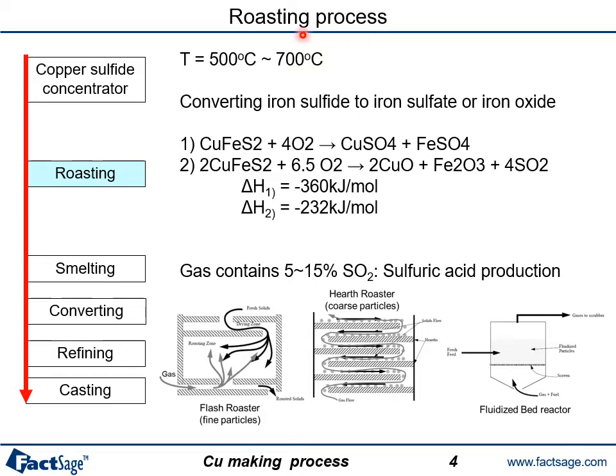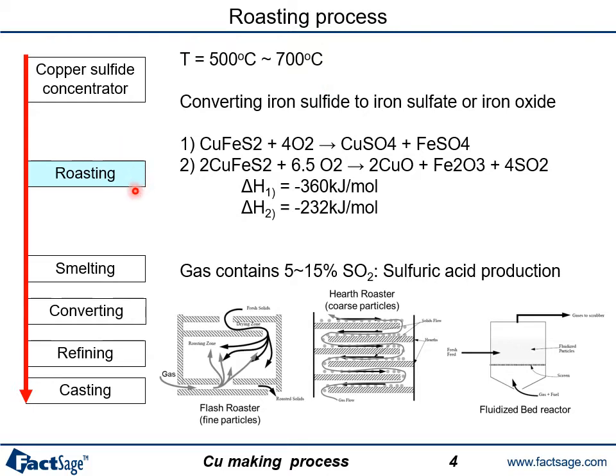Okay, so the first process is the roasting process. As I mentioned, we have comminution and flotation processes, and from that we make a concentrate, and this concentrated copper mineral can go to the roasting process at around 500 to 700 degrees Celsius.